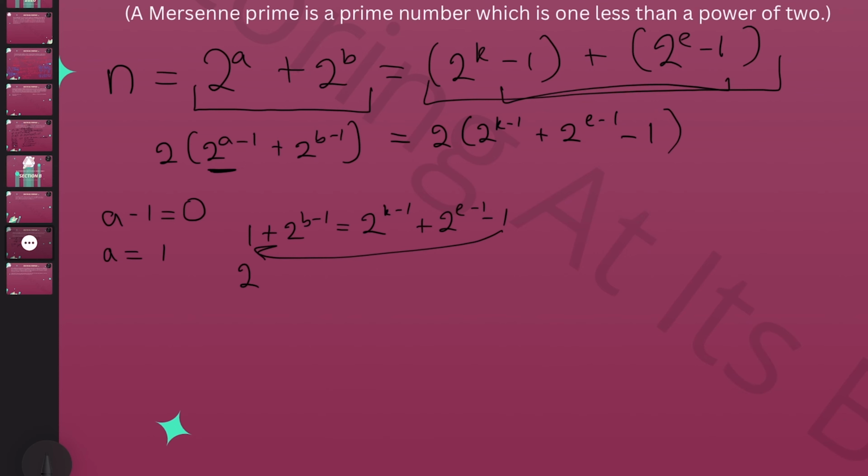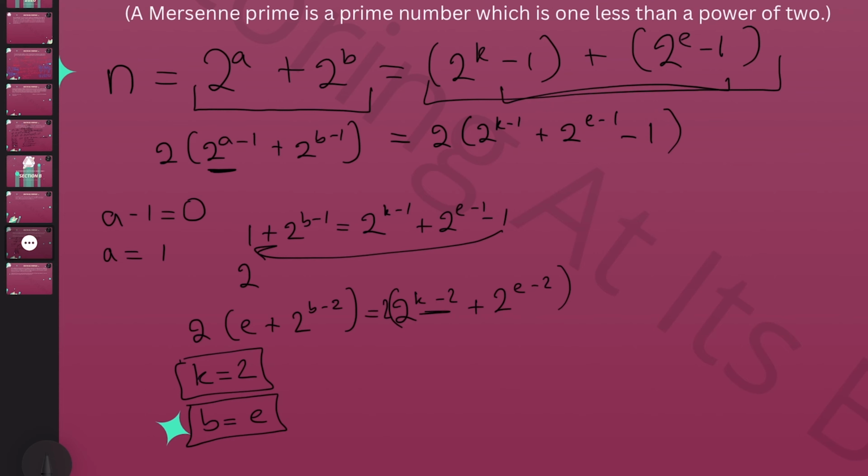And so now I'm going to take out a factor of 2, which we can do because we've got the conditions on b and k and e. And we know that these two brackets are also equal. That k minus 2 here must be 0. So we know that k is equal to 2. Moreover, we also know that b must be equal to e.